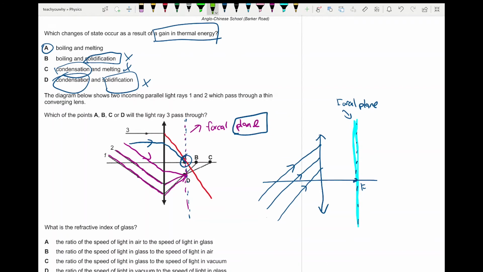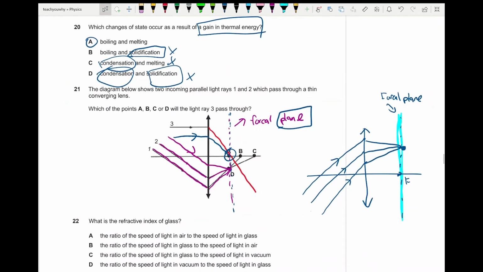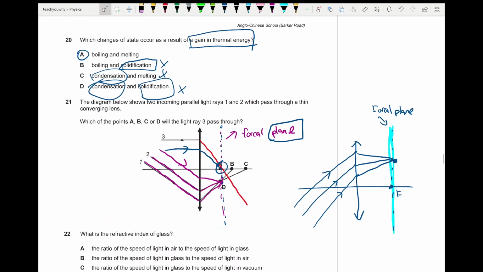And I may have light that is... These three lights are parallel, so they may converge here. So that's the whole idea of focal plane: lights that are parallel will converge on the focal plane.